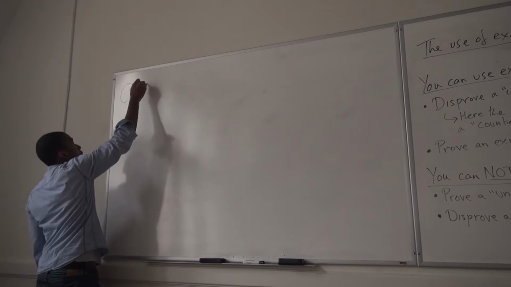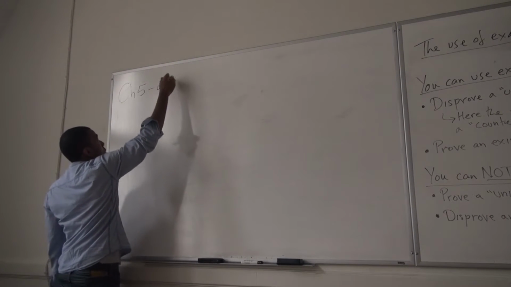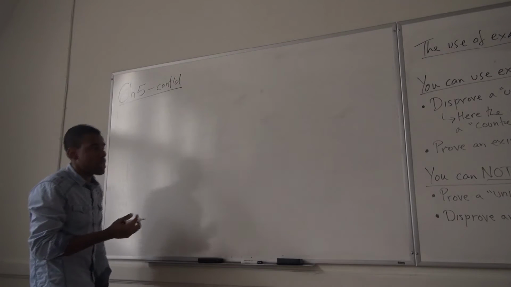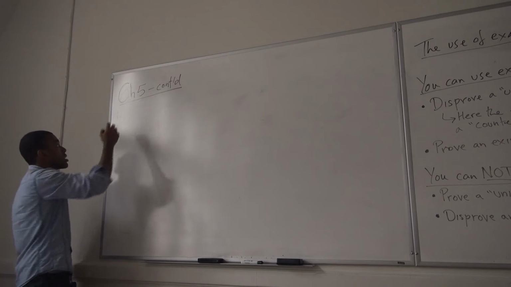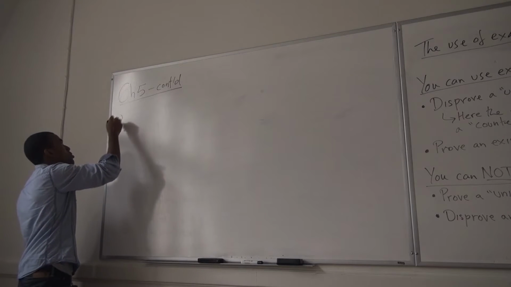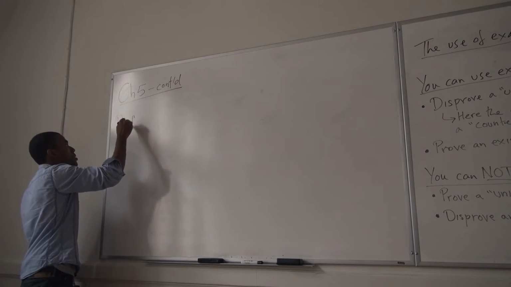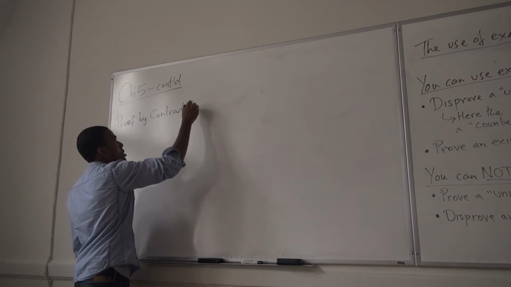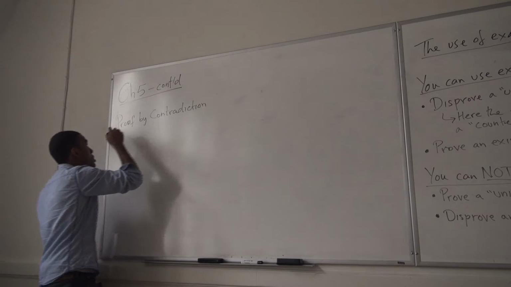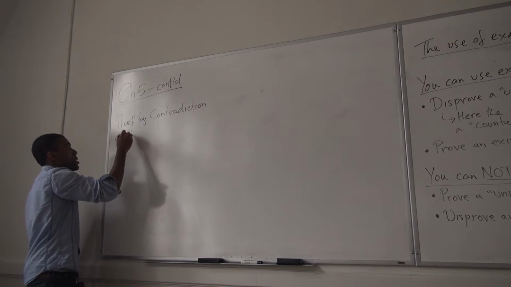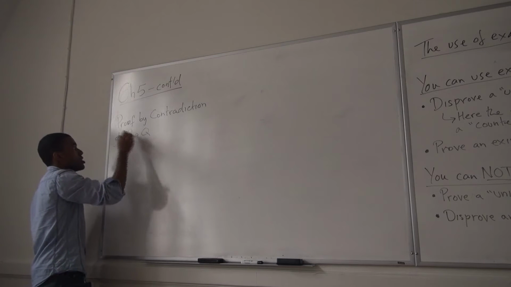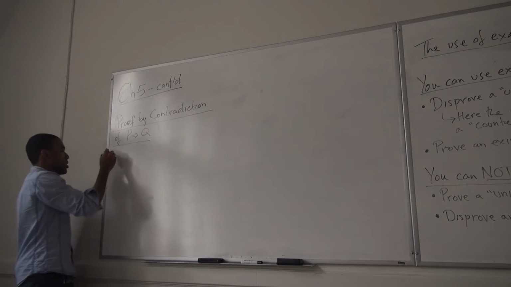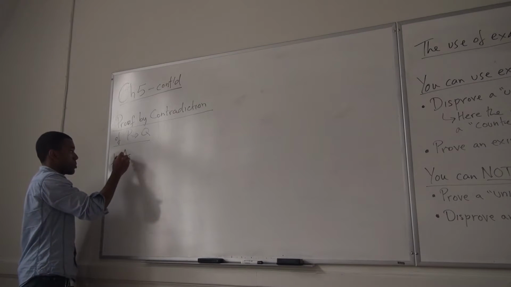Now we're going to continue chapter 5, and I'm going to tell you what a proof by contradiction would look like for an implication, which is a very important kind of claim. I'm going to do a bunch of examples. Let's say your claim is P implies Q, and we want to prove it by contradiction. The first step is to assume, what do you think we assume?